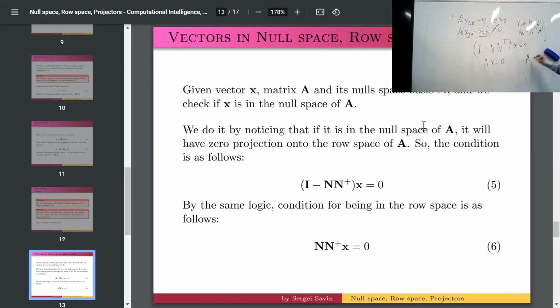I will write here. It will be, okay, let's say 1,000 by 1,000. Okay, I don't want so many zeros. Now imagine the null space of A is very small. Let's say it is 1,000 by 2.